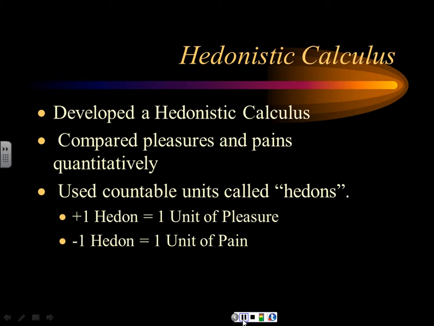And this is not the kind of stuff we could make up, folks. He really did think that we could specify a unit of measurement. He called it the hedon. So plus 1 hedon worth of pleasure is a positive number. Minus 1 hedon would be a unit of pain or unhappiness.